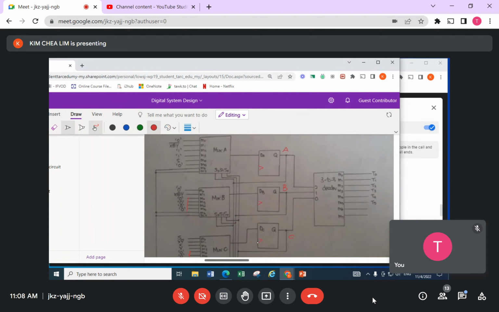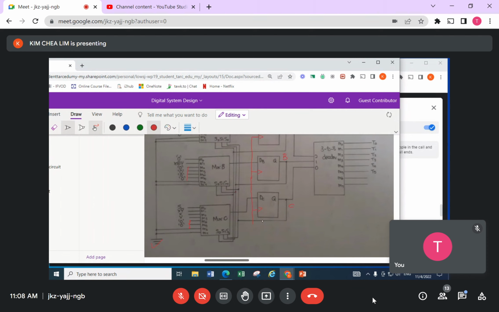No clock here. So center, yep. Then lastly, T0, A is the most significant. Yep, correct, except the clock here.